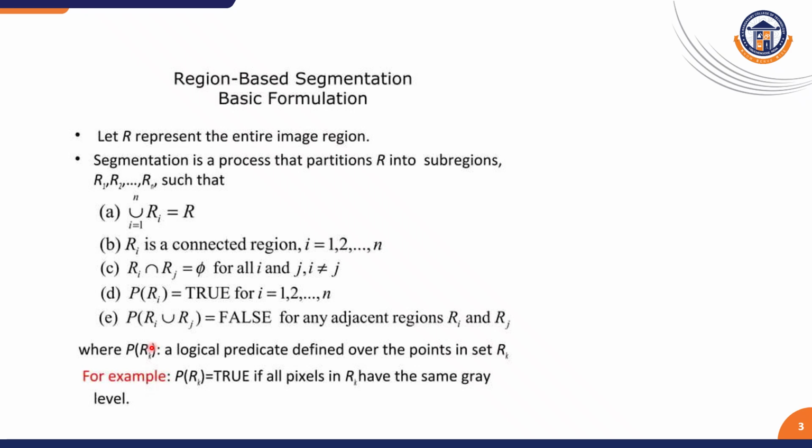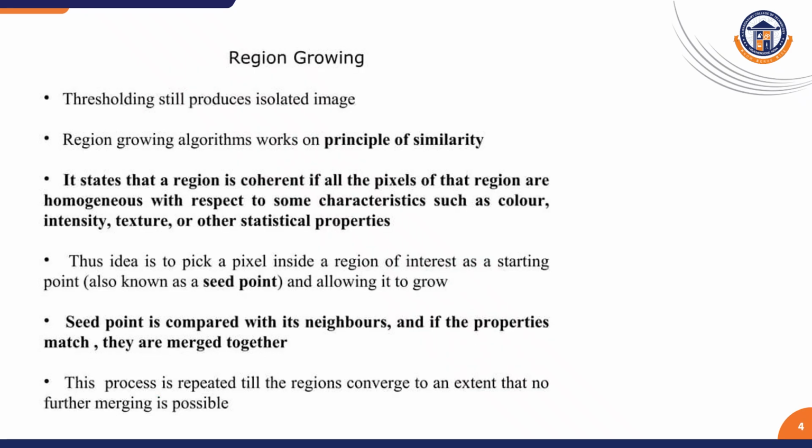Here P of Ri is a logical predicate defined over the points in set Rk. For example, P of Rk equals true if all pixels in Rk have the same gray level. So this is the basic formulation of image segmentation.